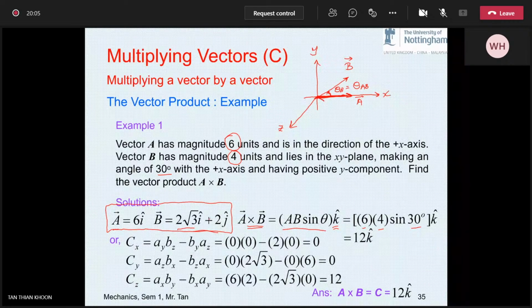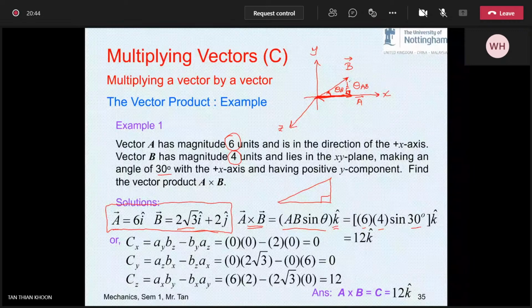Understand? Any questions? Sir, I have a question. The components of vector B, how did we get 2 root 3 i plus 2j? Oh, you just use the triangle here. Let us look at this. So we have this vector B, and this 90 degrees, just like above here in this diagram, this is 90 degrees as well.